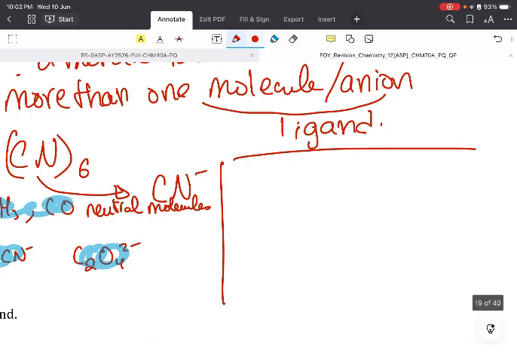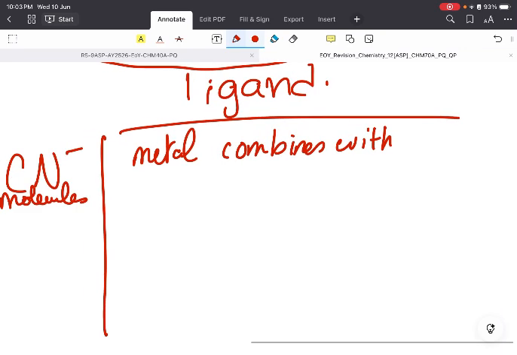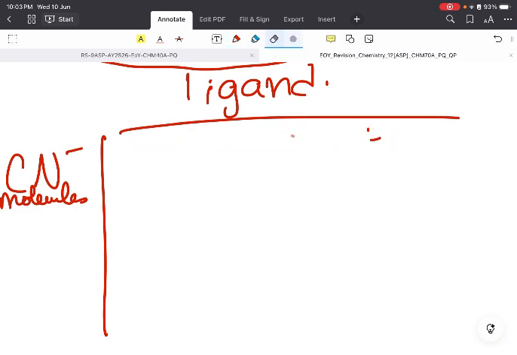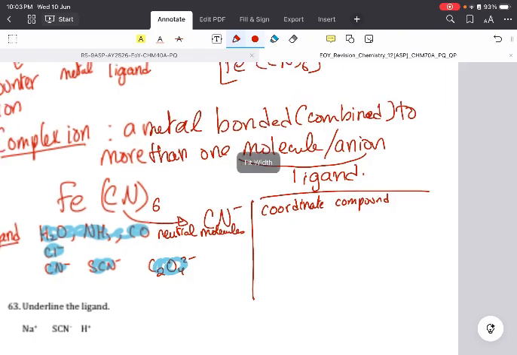Now the complex ion is formed when an ion, and usually a metal, combines with ligands. I need to explain here the coordinate compound. I already did the complex ion. So the coordinate compound is the whole compound itself.